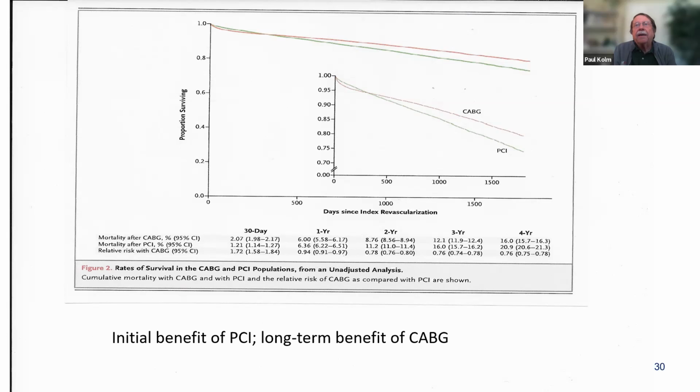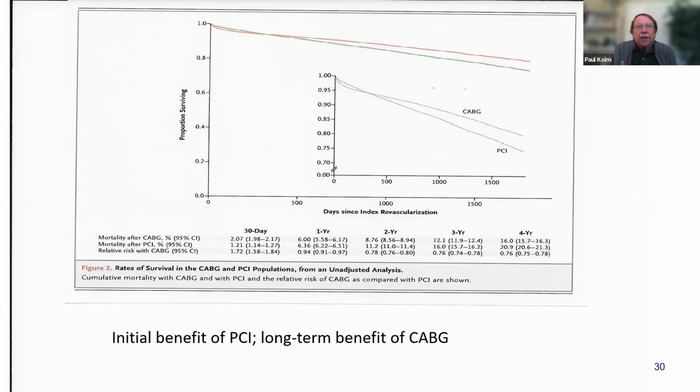In other words, they have better survival than the PCI patients. And again, the difference isn't real great, but of course, with the number of patients that we have, it's going to be statistically significant.